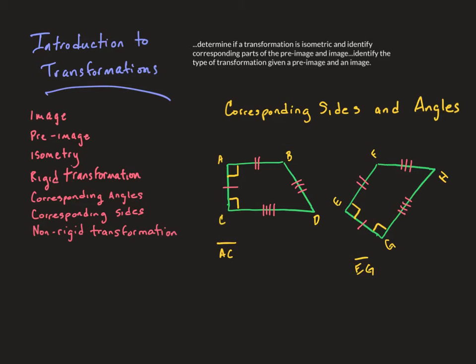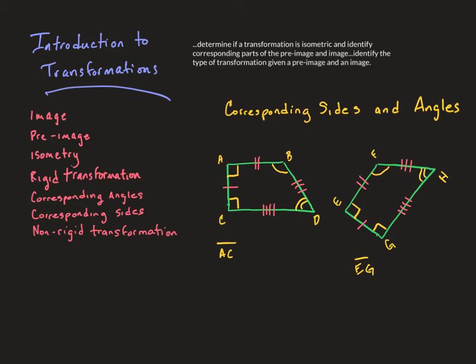So I have congruent sides from one image to the next. Then I have an angle here which is congruent to this angle of another figure, so it's a corresponding angle from one figure to the other. And this angle is congruent to this angle, so that makes that a corresponding angle.